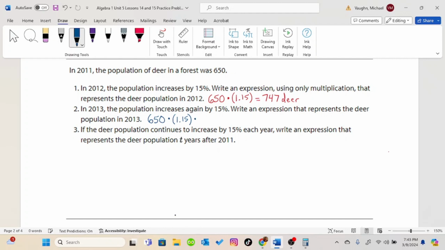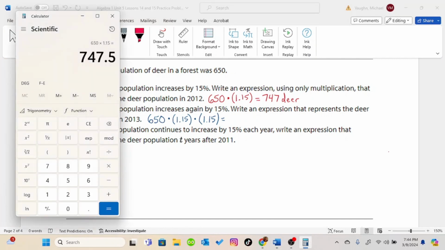And now we've had another year and it's increased by another 15%. So again, we will multiply by 1.15 because the 1 gives us the original amount and the 0.15 gives us the 15% increase.